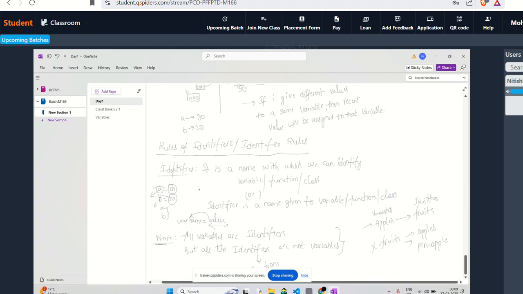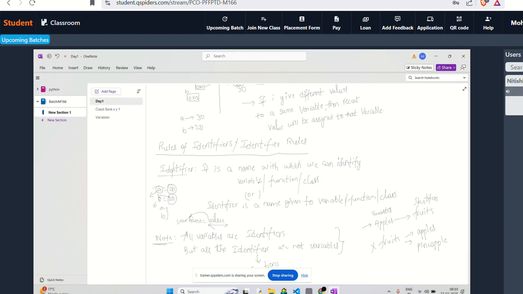So, how we need to define identifier is: it is a name with which we can identify a variable or function or class. These two concepts are advanced concepts. We will discuss these concepts in future classes, okay?